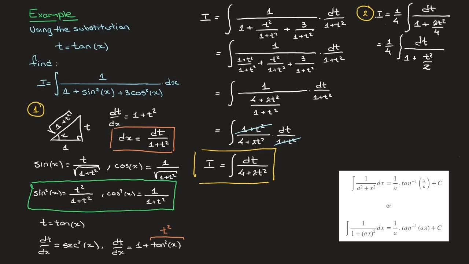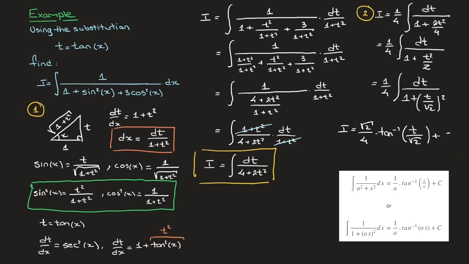And finally, that's equal to 1 over 4 times the integral of dt over 1 plus t over root 2 squared. And now that the integral is written this way, I can see quite clearly how to use the second result we have here and state that I is equal to the square root of 2 over 4 times inverse tan of t over root 2 plus some constant of integration, c.